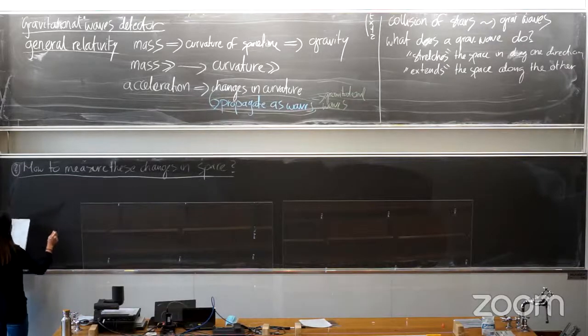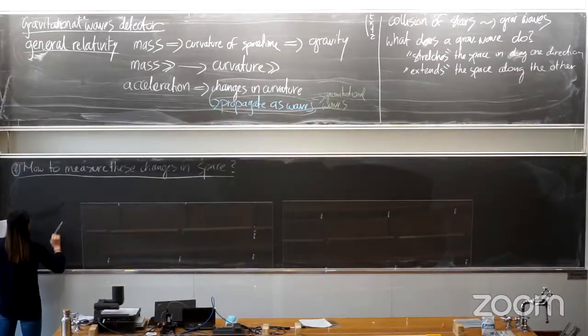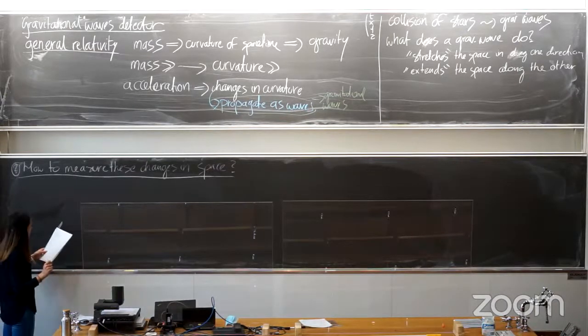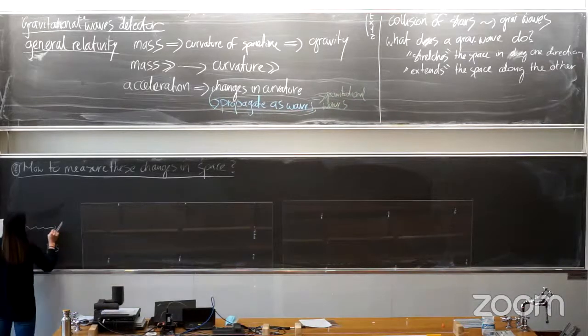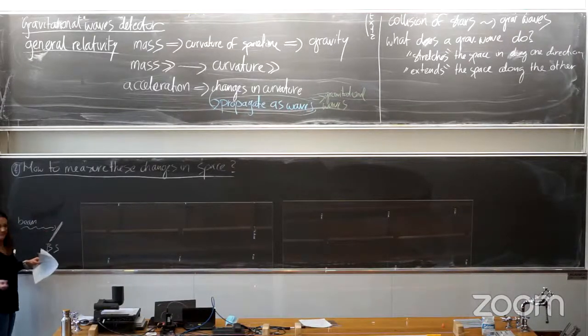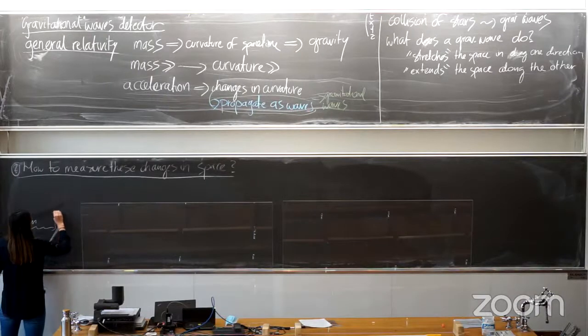What's the point? So the experiment is a beam splitter, which you know from some lectures ago. And we have an incoming beam. And then this beam splits. Half of it goes up. And we position a mirror here.